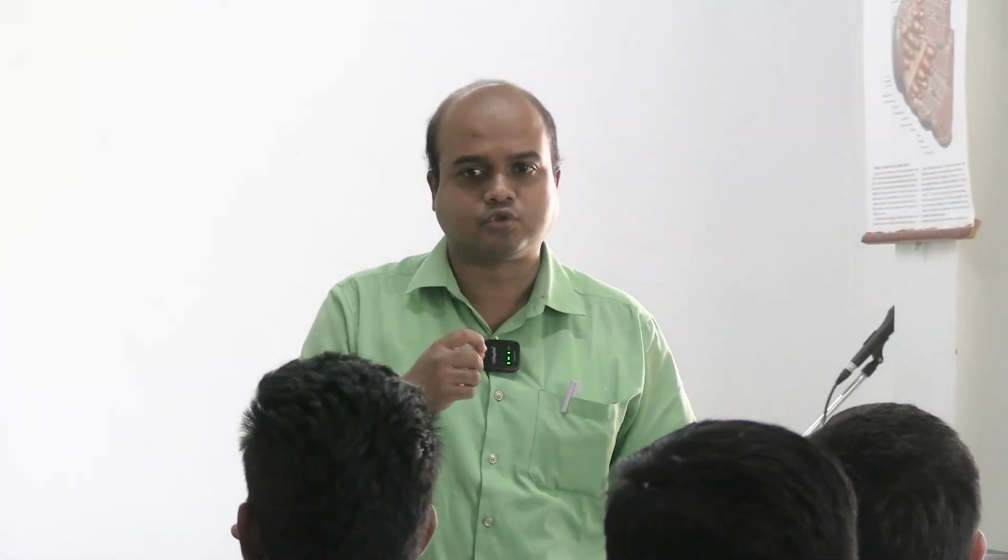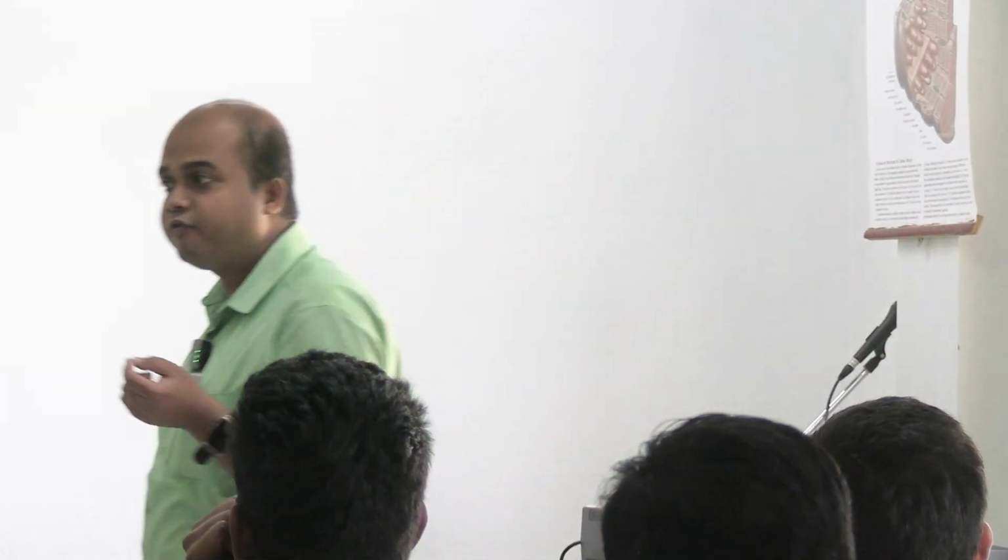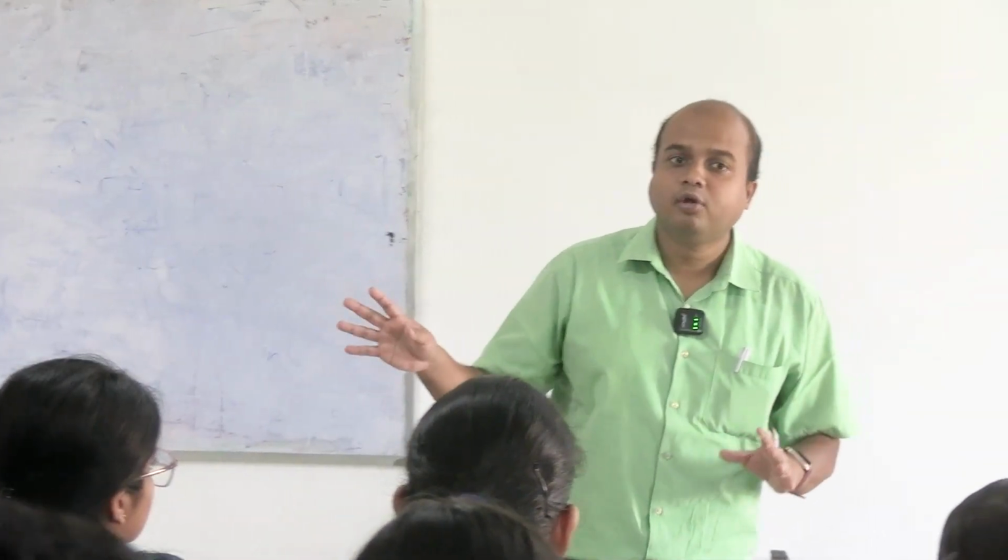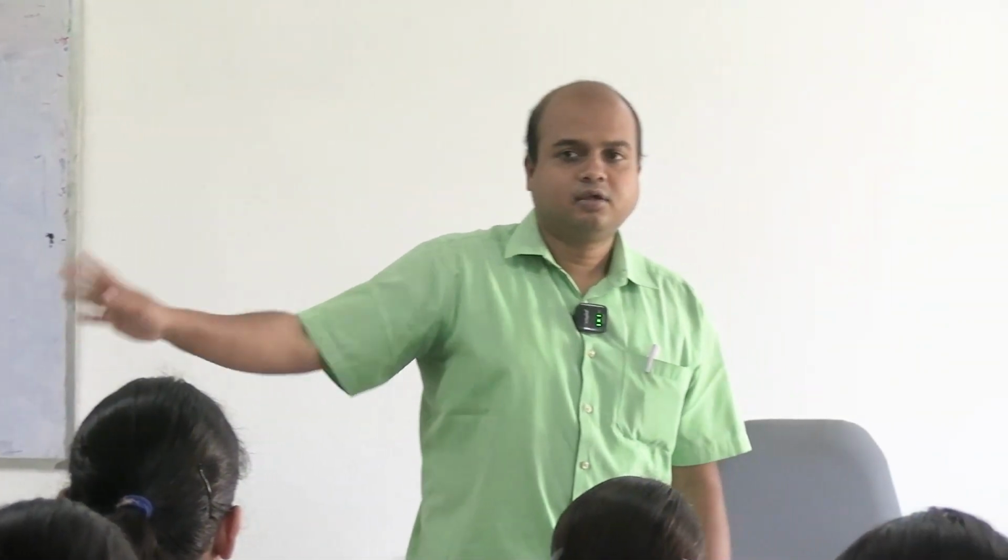In eosinophils the granules are coarse, in neutrophils they are the finest, and basophils may be intermediate between these two. Under the microscope the eosinophil granules are coarse, and they are stained by eosin, the component of this Leishman stain.